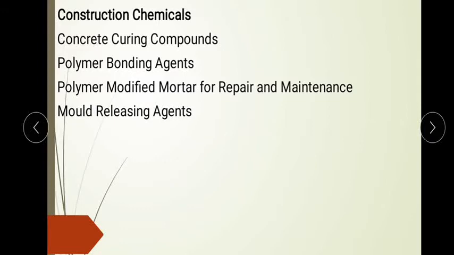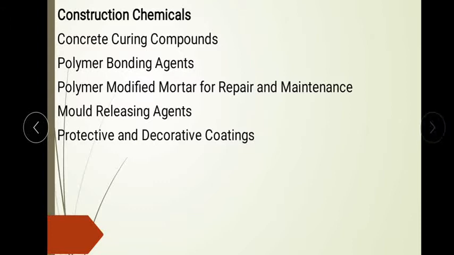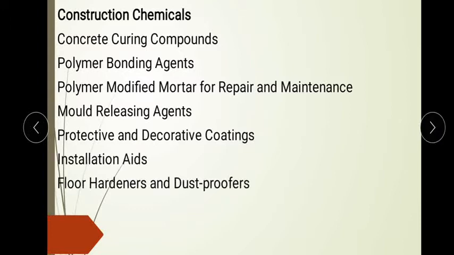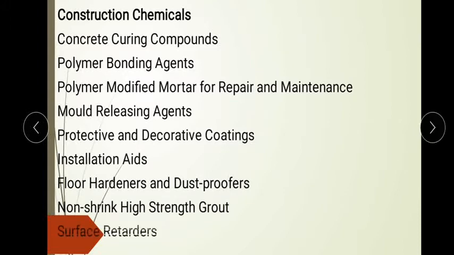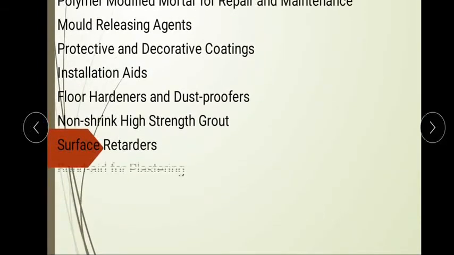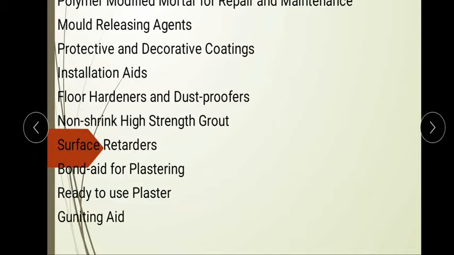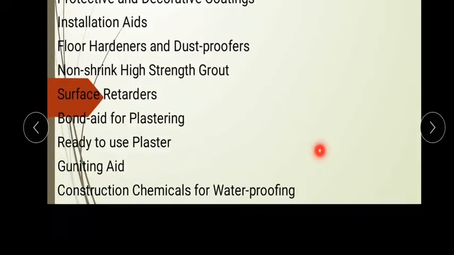Next, mold releasing agents, protective and decorative coatings, installation aids, floor hardeners and damp proofers, non-shrink high strength grouts, surface retarders, bond aid for plastering, ready to use plasters, grouting aids.